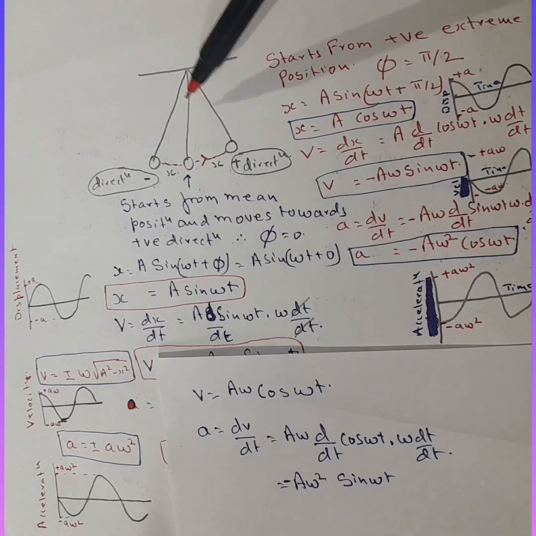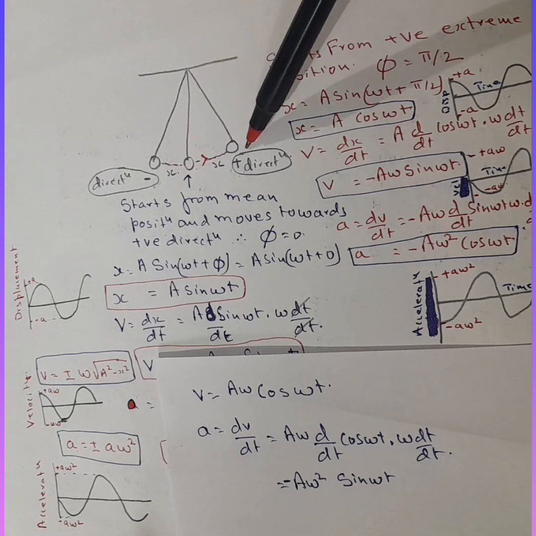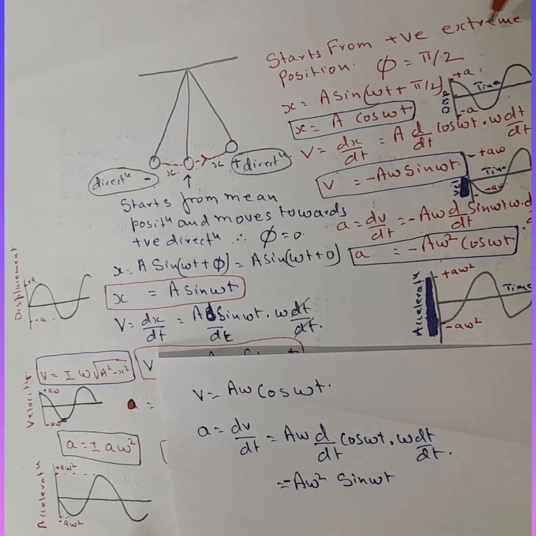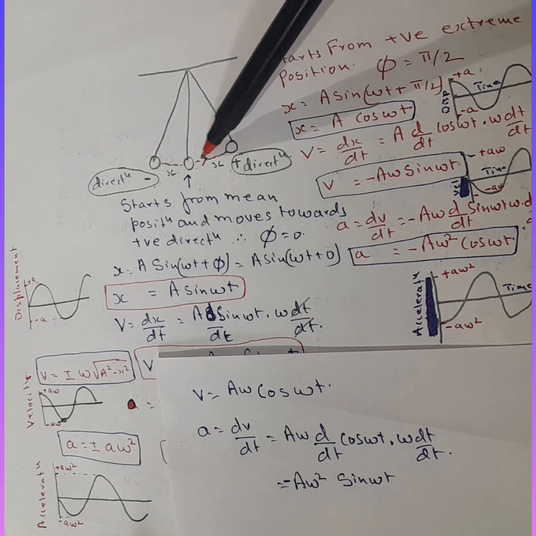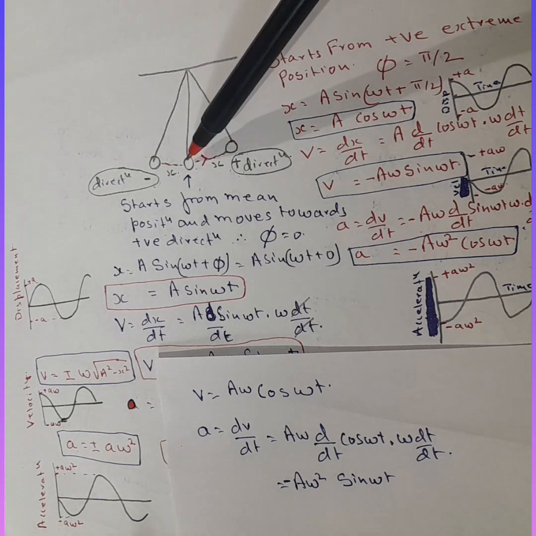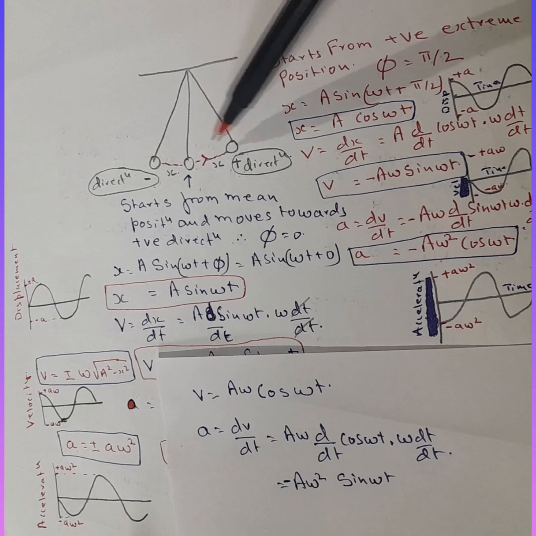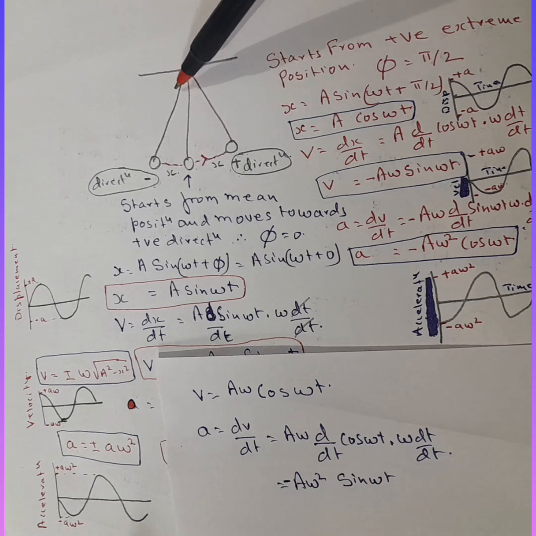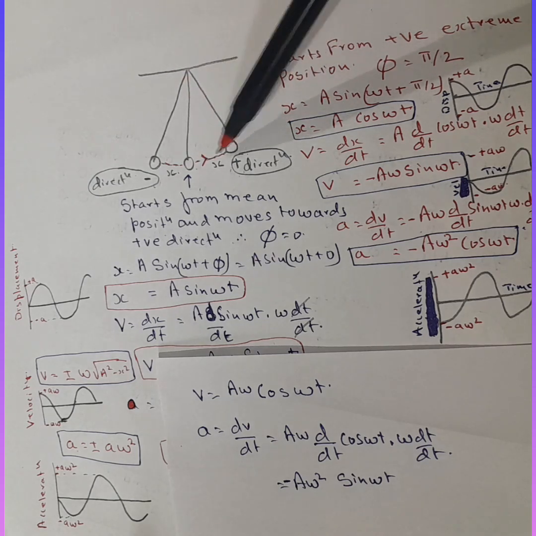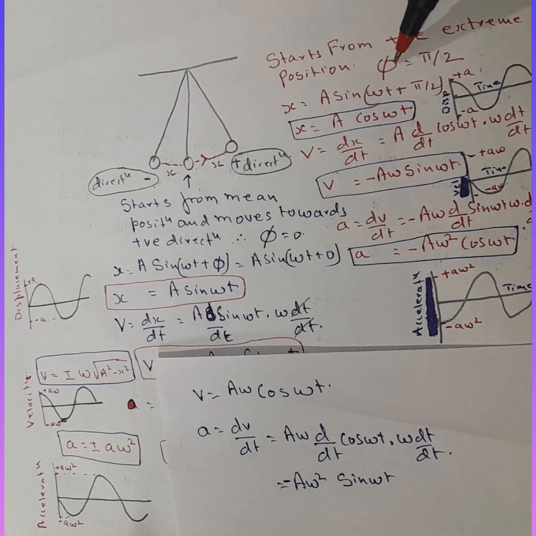Now let's understand when the bob starts from the positive extreme position, from here. Now it's moving from here to there. Already I mentioned that the phase difference between the two is pi by 2. This is pi by 2, this is pi by 2. So now instead of phi, we would be putting in pi by 2. Already I have mentioned that in allied angles, if it is pi by 2 plus theta, we can assume it as theta.